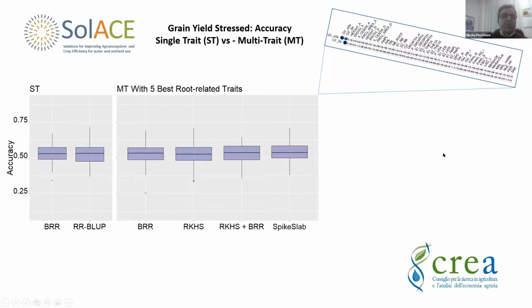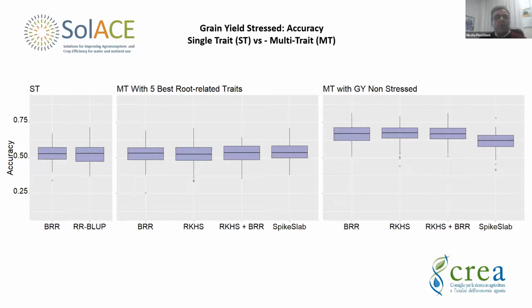These are the best root traits correlated with the grain yield in the stress condition. The accuracy just improves if you use as a covariate the grain yield in non-stress conditions with all the models that we have used, and with a slight difference while using it in the model with respect to the other 3.